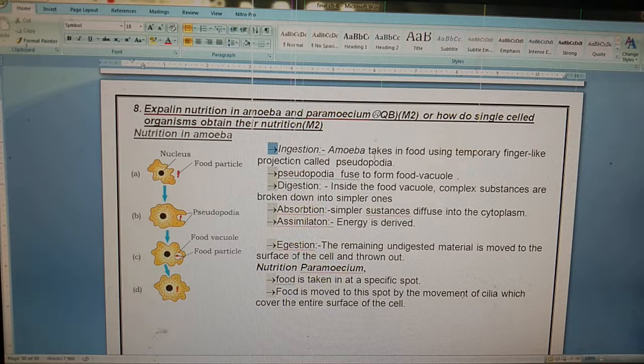Amoeba captures the food by forming pseudopodia, while paramecium captures the food with the help of cilia. The rest of the processes, digestion, absorption, assimilation and egestion, are the same as in the amoeba. Read the whole answer. Thank you.